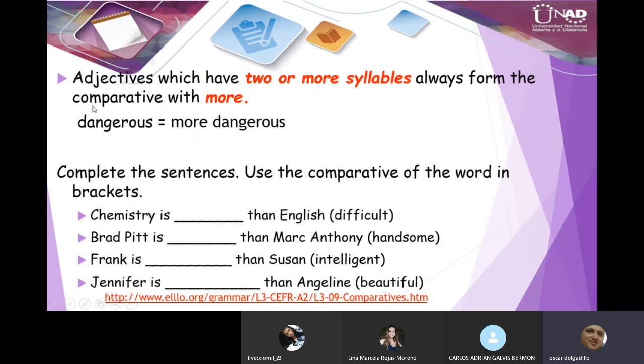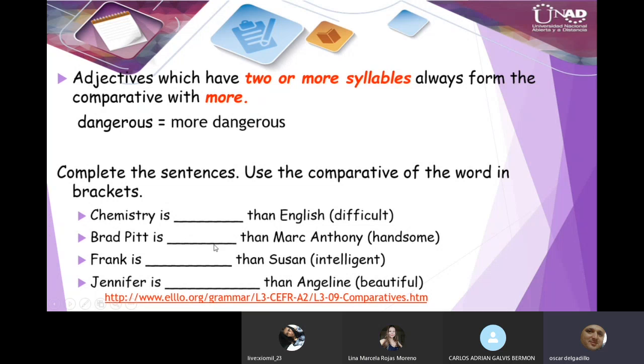Lina, how many syllables has the adjective dangerous? Three syllables. For that reason, we add more: more dangerous.